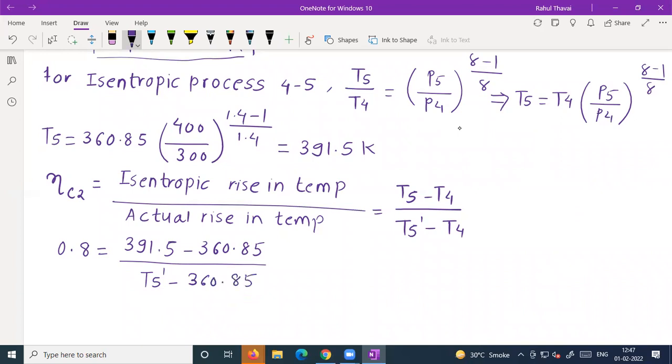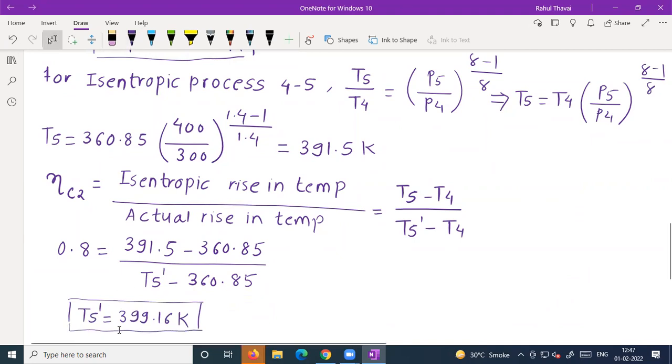From this, I can calculate the value of T5 dash, and it is coming to somewhat 399.16 Kelvin. Simple calculation is there, that's why I'm not showing how to calculate it. This is how we got T5 dash.